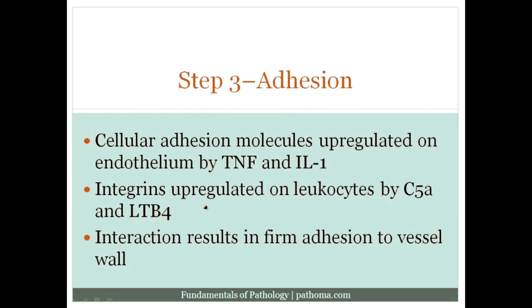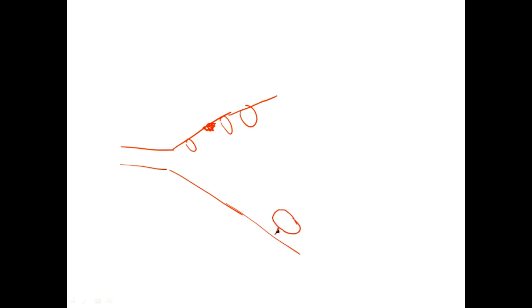And the idea here, I'm going to blank out your screen briefly, is that you've got this blood vessel, we vasodilated the blood vessel, allowing for margination, we upregulated the selectin P and E selectin speed bumps, which then hit Sialyl-Lewis X on the leukocytes, which cause the leukocytes to slow down as they roll along that blood vessel. Now eventually what we're going to want to do is grab that leukocyte very tightly and stop it.